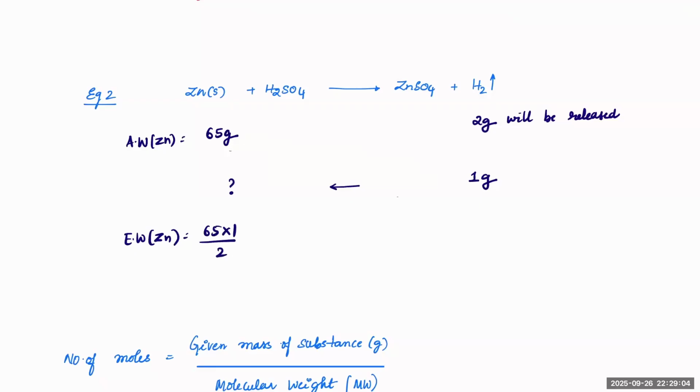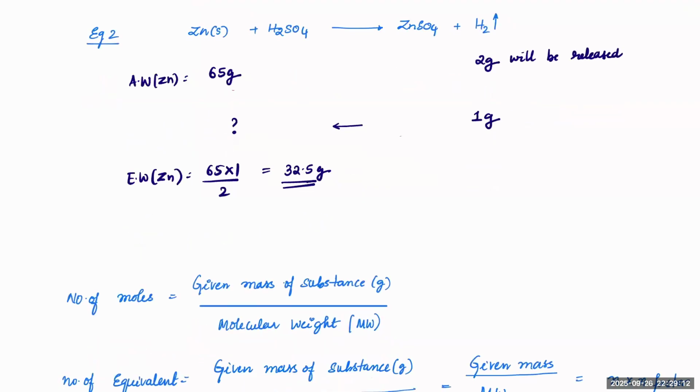How much are we getting here? 32.5 grams. So this is the equivalent weight. So what is the valency factor now? The valency factor is the molecular weight by the equivalent weight. So it is 65 divided by 32.5, which is 2. So 2 is the valency factor here.